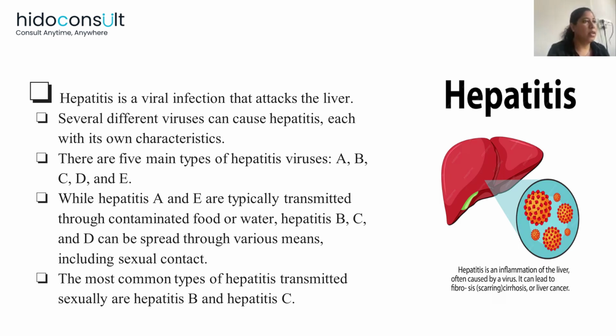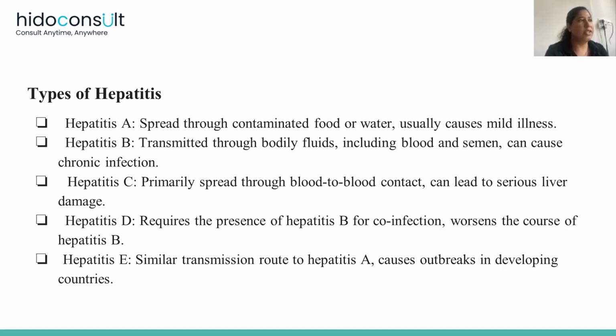So let's discuss each one. Hepatitis A spreads through contaminated food or water and usually causes mild illness. Hepatitis B is transmitted through bodily fluids, including blood and semen, and it causes chronic infection.